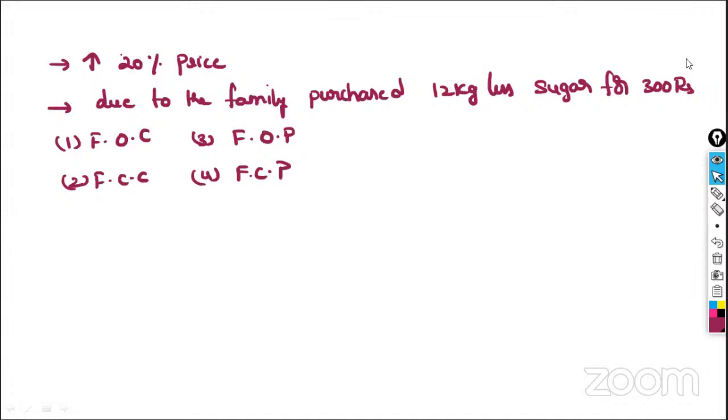Very simple question. Okay, Tejaswini, 50 kg is what, ma? Original. Check it once, ma. The sugar price is increased, ma. If the arrow mark shows upward, that means increased. If the arrow mark shows downward, that means decreased.